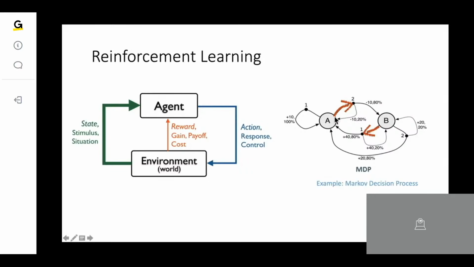When in state A, if the agent takes action 2, then although there is initially a negative reward, there is a very high chance that it will land in state B, from where it can start getting much higher rewards than if it remains in state A. So we could have worked it out and said this is the most optimal action from A and this is the most optimal action from B.